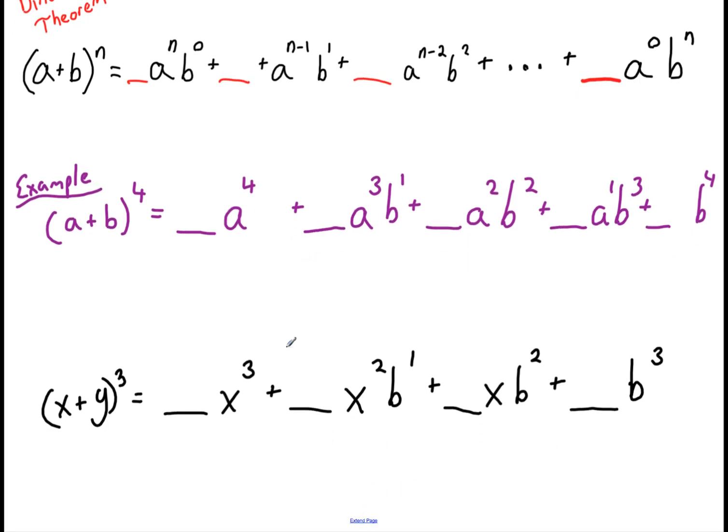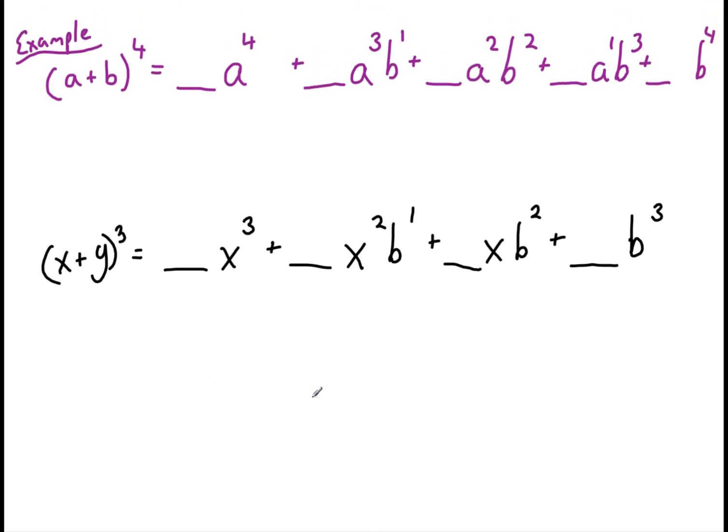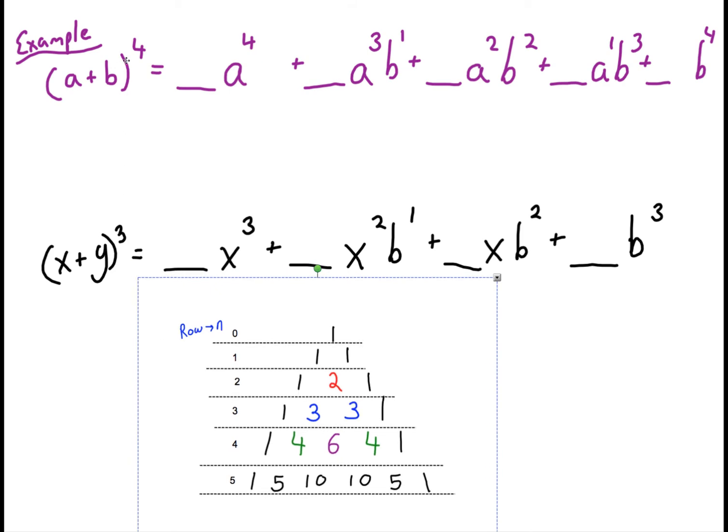All right, let's fill in these blanks here. And this is where we need Pascal's triangle. So let's just copy Pascal's triangle from the previous slide. And now notice that we used n here to represent this exponent.